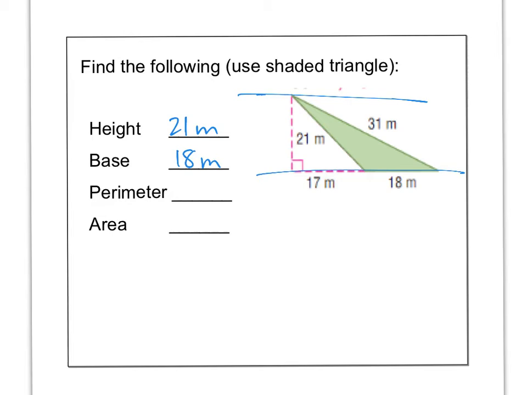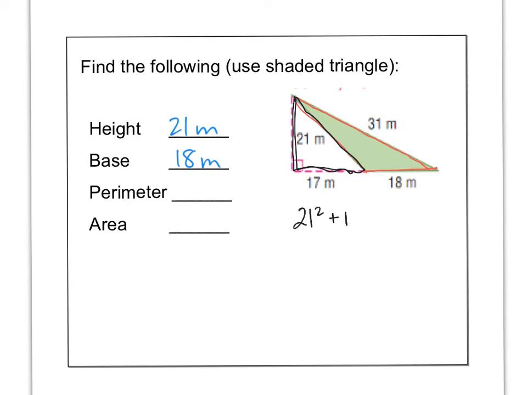Now, to find the perimeter of the shaded triangle, we're going to need to find a missing side. So you can see, we know two of the sides of the triangle. We know this side right here is 31. We know this side right here is 18, but we need to find this third side. And so what we're going to do is we're going to use this triangle over here on the left, and we're going to do a little Pythagorean theorem.